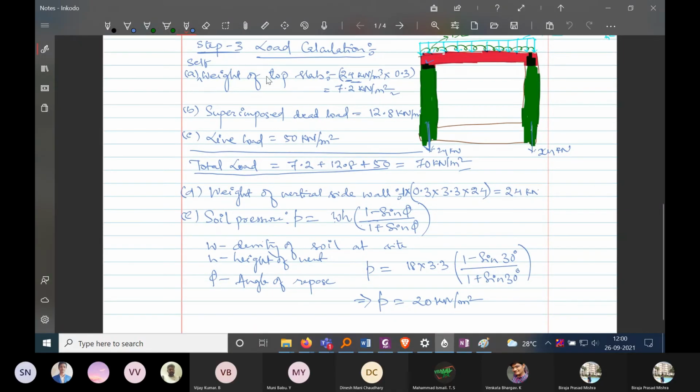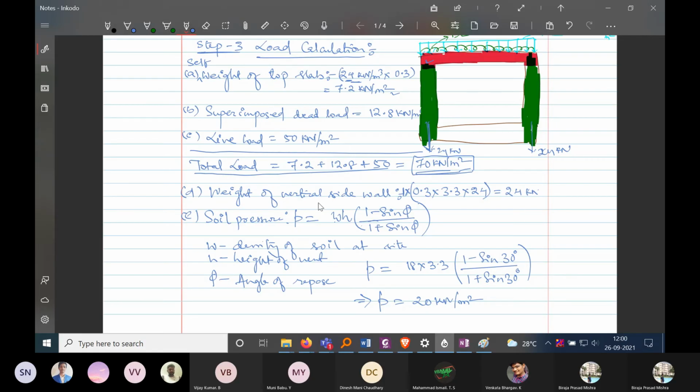How much is the first one? It is coming as 70 kilonewton per meter square. This is the total load. So let us draw that.